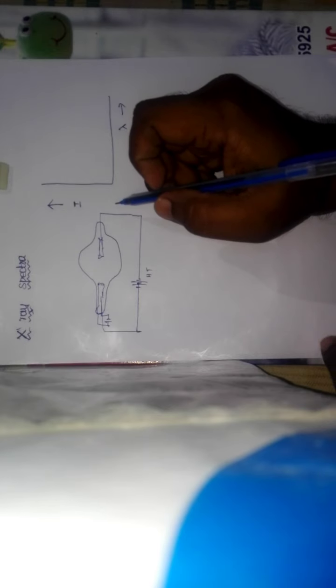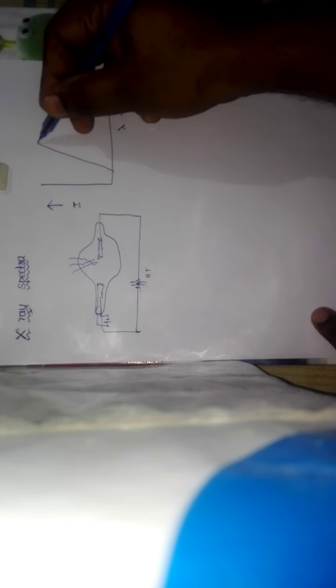First of all, continuous spectra. See, this is a cold tube, and we apply 50 kilovolt, that is 50,000 volt, as the potential difference between the filament, that is cathode, and the anode. At that time the electrons are accelerated, and after they hit the target, they lose their kinetic energy.